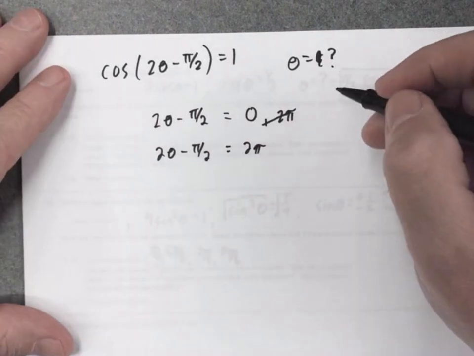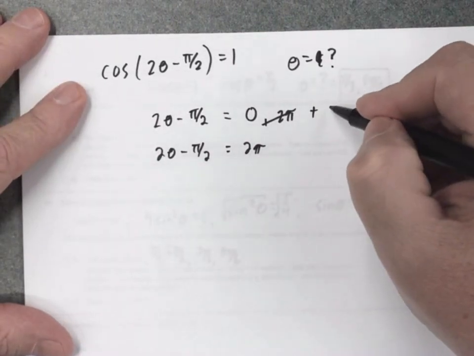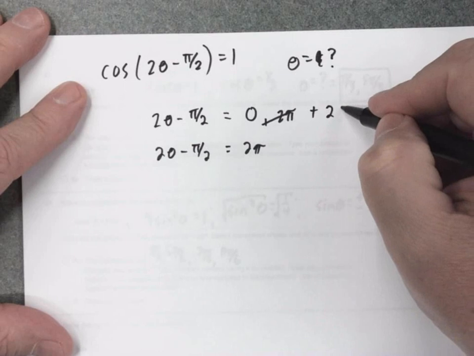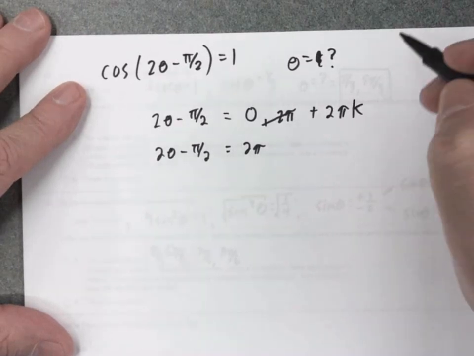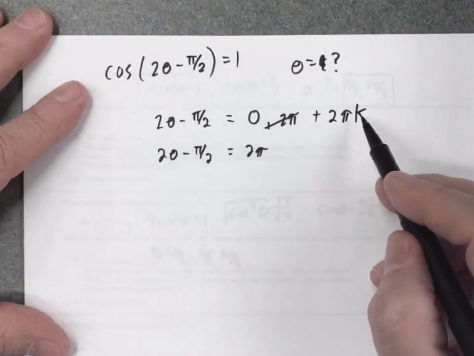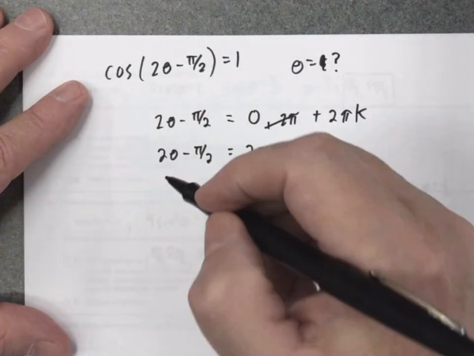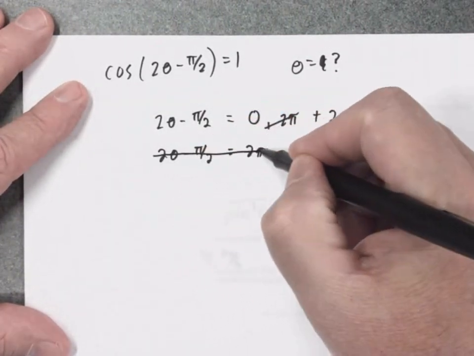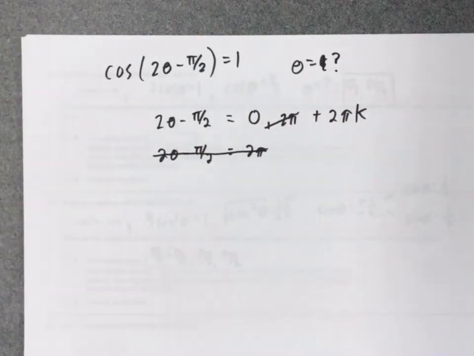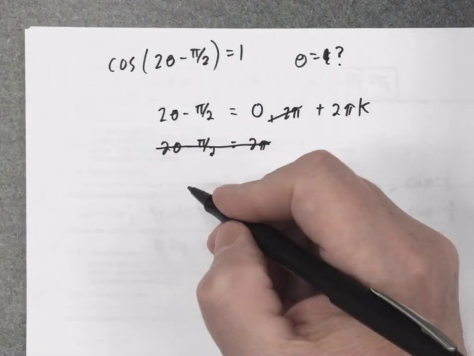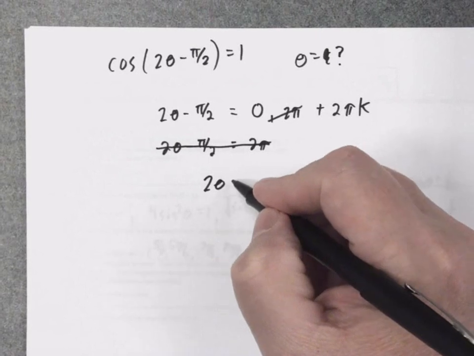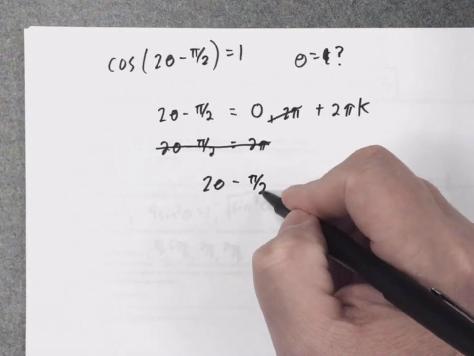And of course, now when I write this out, I need to write out the general solution. And I realize when I do the general solution, when k is 1, it's going to be 2 pi. So as it turns out, I don't need the second equation. So it's a little messy. So here's what I have now.